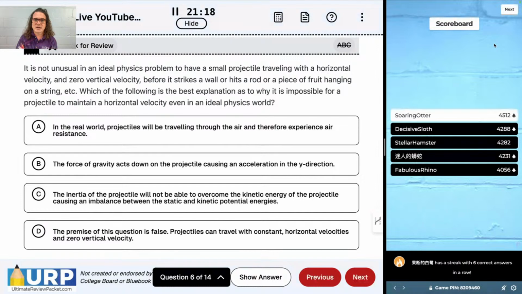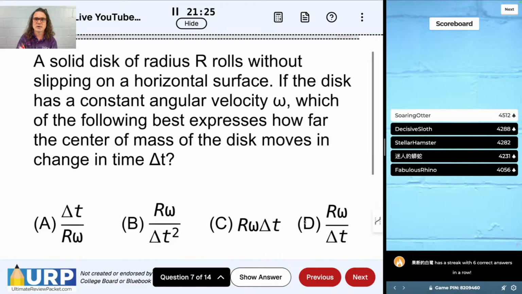All right. Soaring Otter has soared to the top, if you will. Next question. All right, and next.